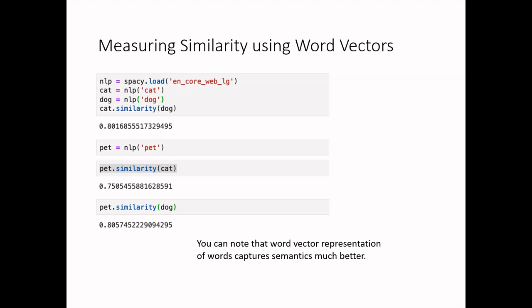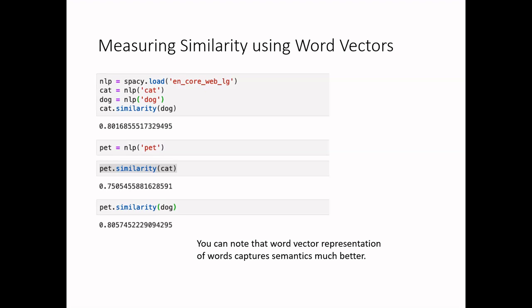Also, if you want to calculate the similarity with pet, pet dot similarity cat, again the number is 0.75. So although we are using a different word here, still pretty high similarity. And the same way, pet similarity with dog is 0.80.